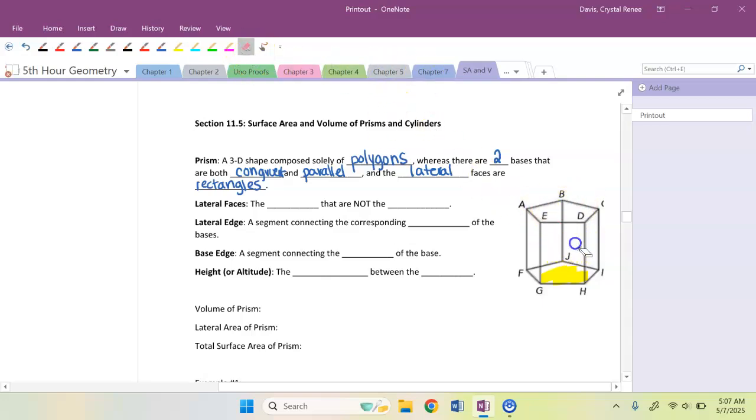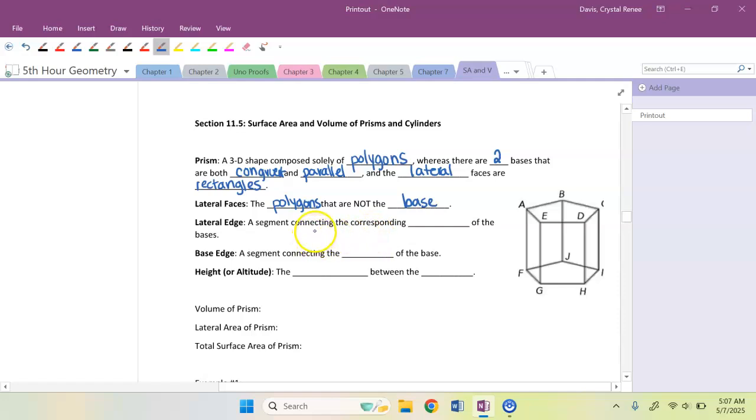And then when we're talking about the lateral faces, that would be these on the sides. Okay, so by definition, the lateral faces are essentially the polygons that are not the bases.